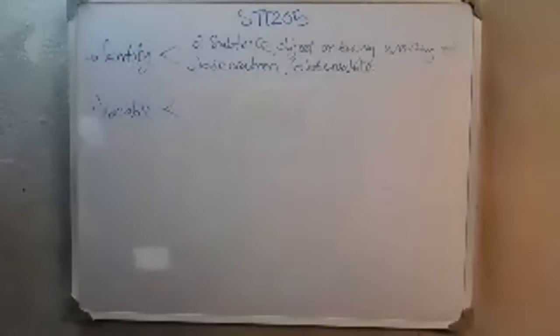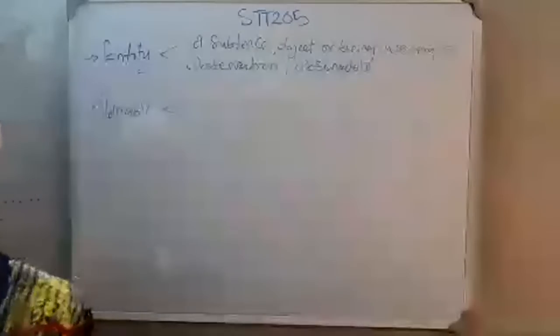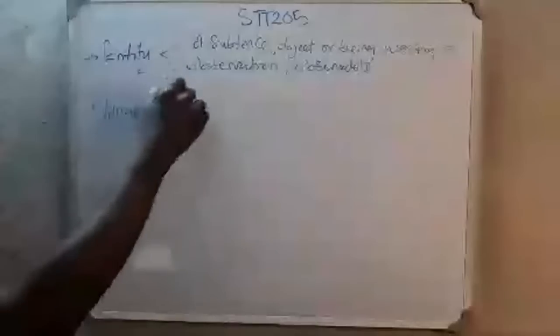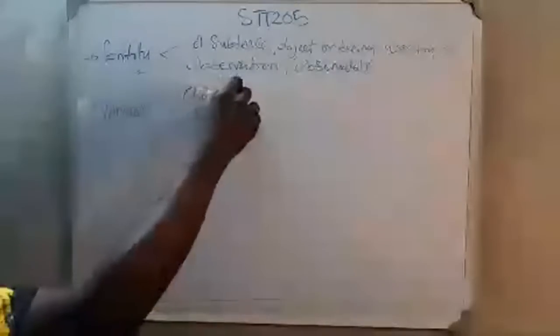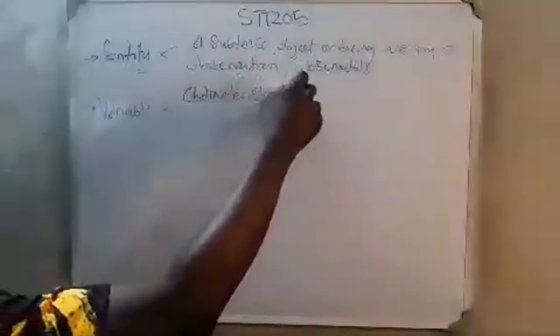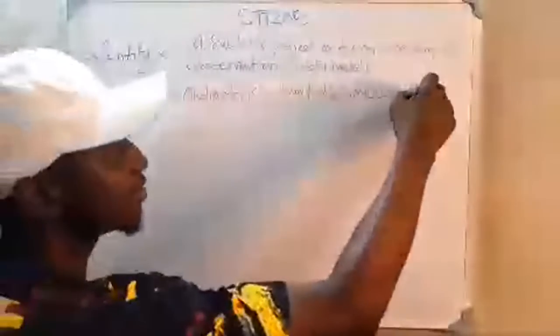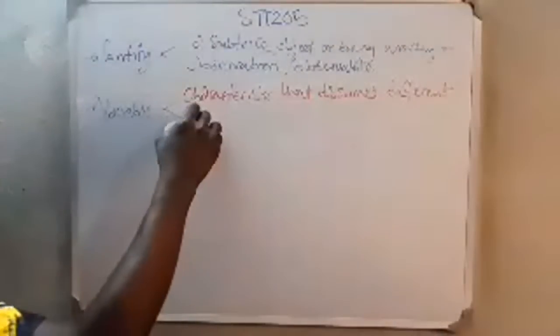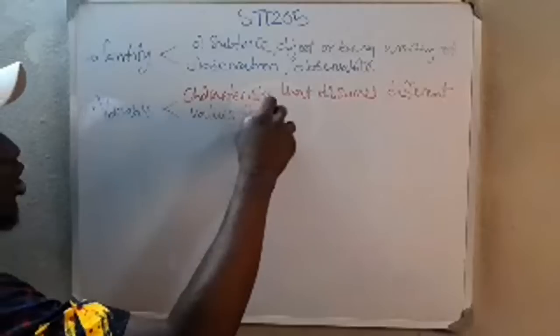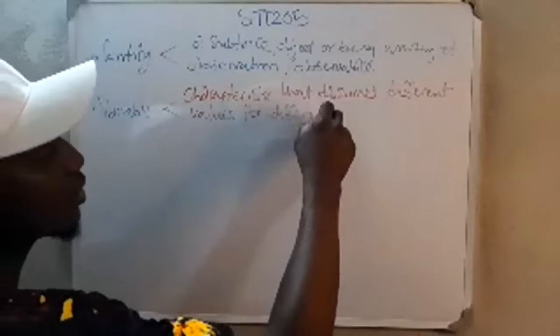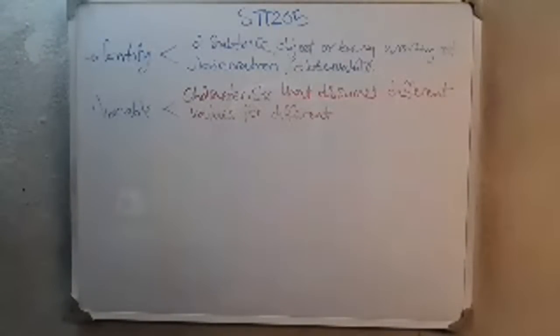Variable is said to be a characteristic that assumes different values for different entities.